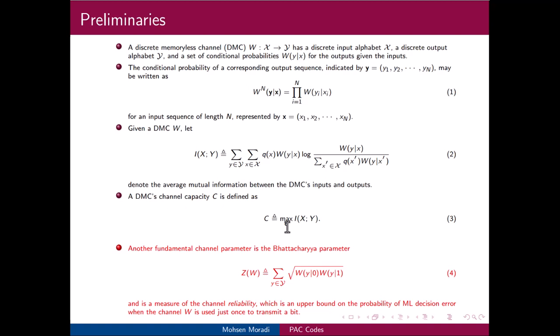Another fundamental channel parameter is the Bhattacharyya parameter, which is the summation over the channel output of the square root of the probability of output given input 0 times the probability of output given input 1. This is the definition for the binary input. The Bhattacharyya parameter is an upper bound on the probability of maximum likelihood decision error when the channel is used just once to transmit a bit, 0 or 1.